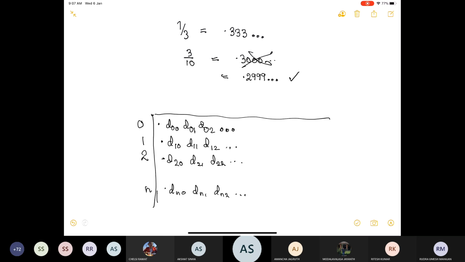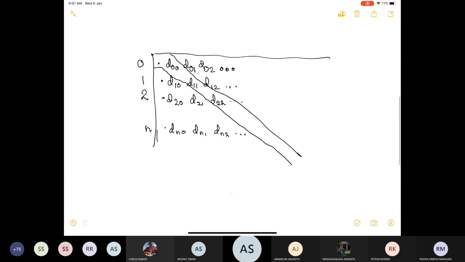Now, by assumption, this is a 1-to-1 correspondence. Then what we do is we look at this diagonal, right? We look at this number R, which is given by this diagonal.